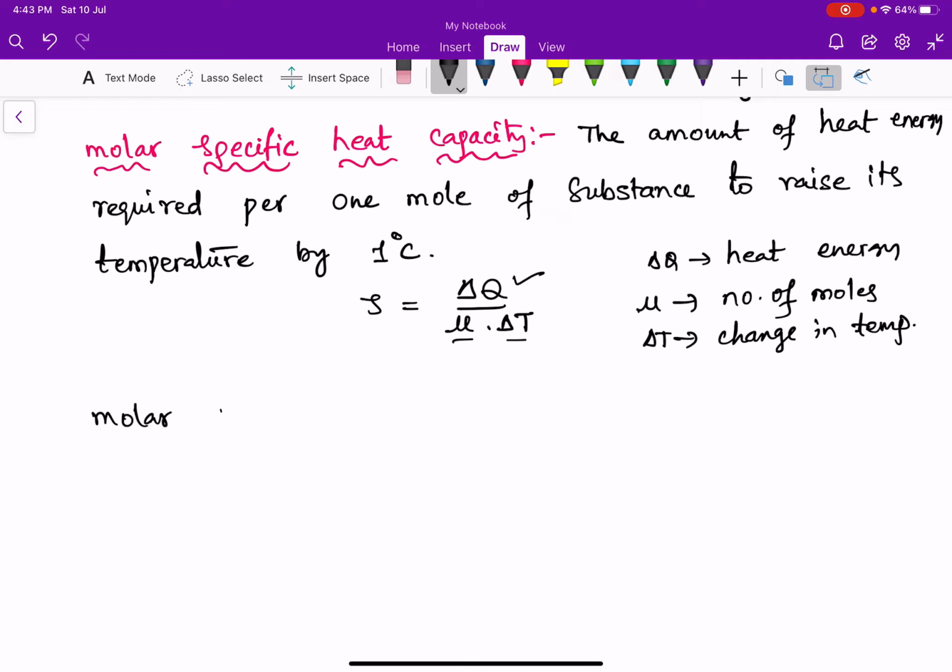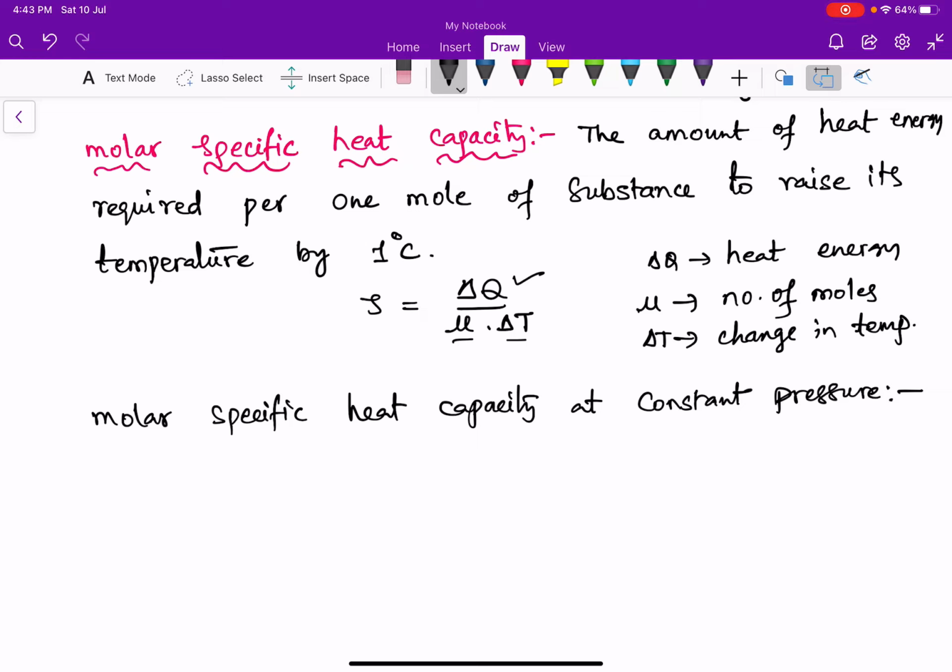Molar specific heat capacity at constant pressure is simply the same as the above definition, but we just add at constant pressure.